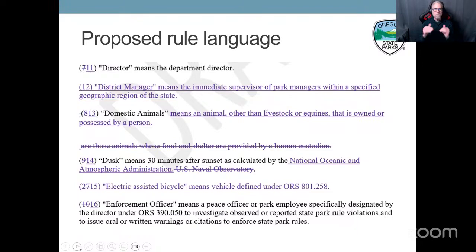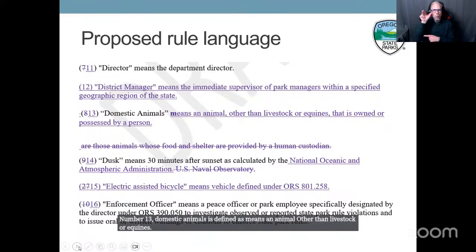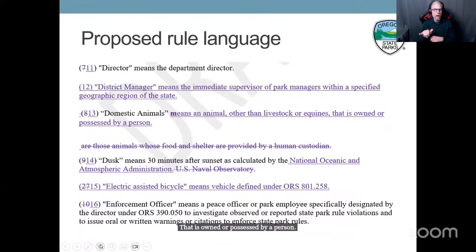Number 13, domestic animals means an animal other than livestock or equines that is owned or possessed by a person.